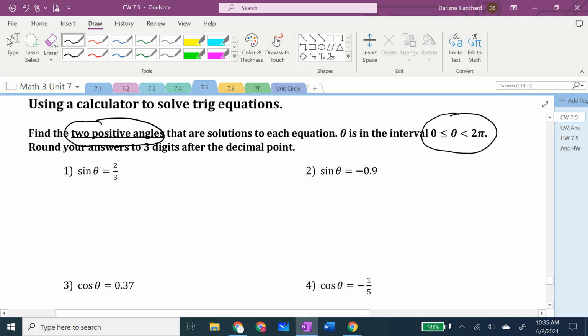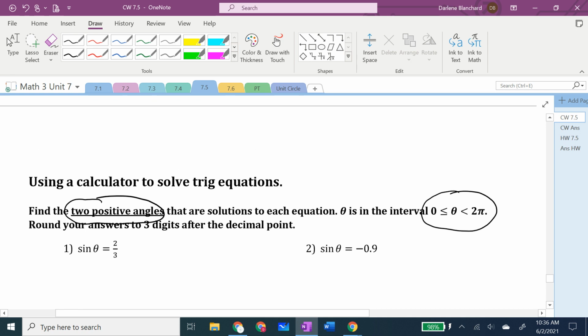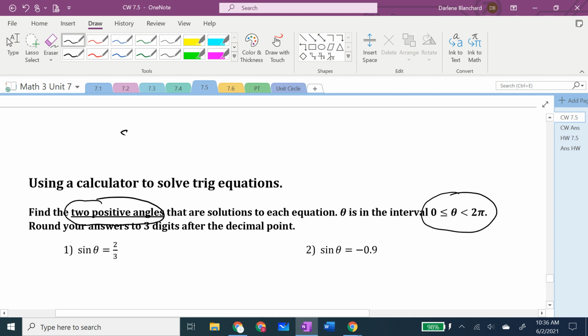Now, if I go back to when we were using the unit circle, we would solve equations like if sine theta equals 1/2, what are my two angles between 0 and 2 pi? When we were using the unit circle, we knew the exact angles that go with this.